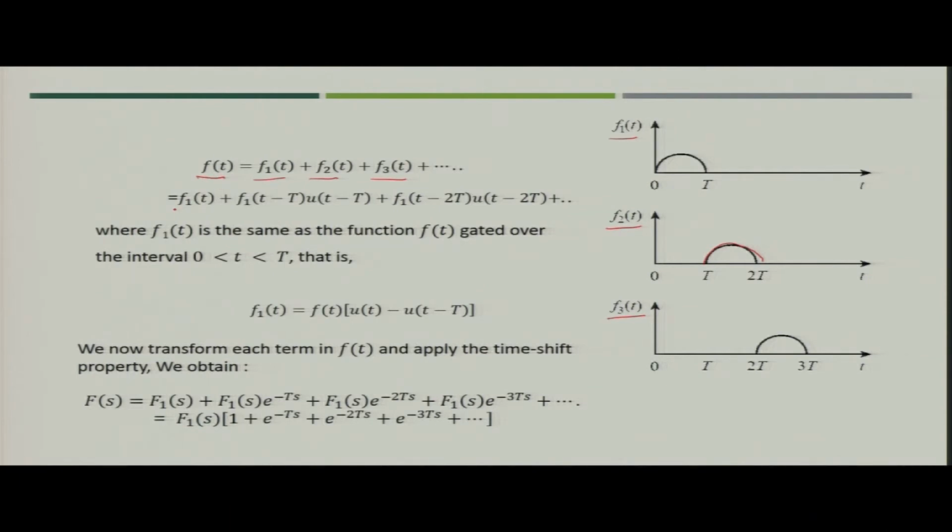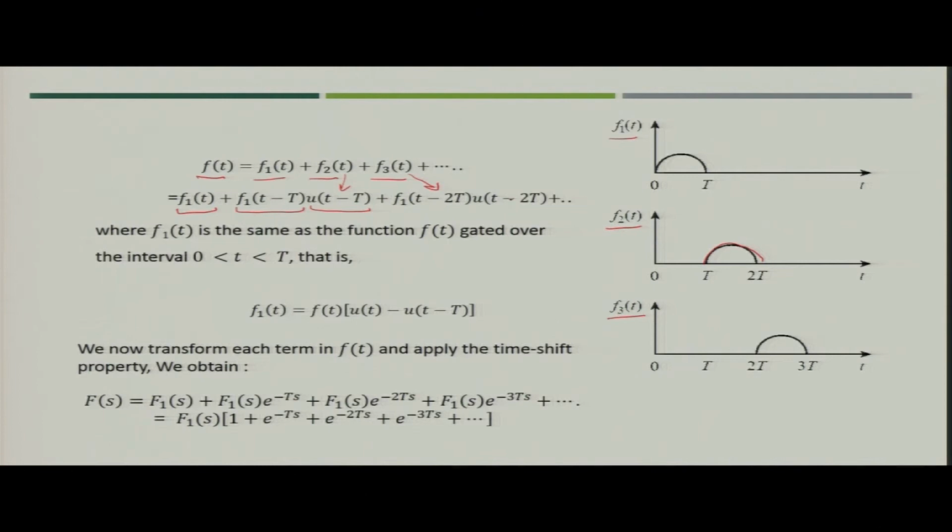You will simply write f1(t) as f1(t), but f2(t) you can write as f1(t-T), that is the time shifted function. That function f1 is shifted by time T, multiplied by the unit step function u(t-T). Similarly, for f3 you can write f1(t-2T), because it is a time shifted function with time equal to 2T.